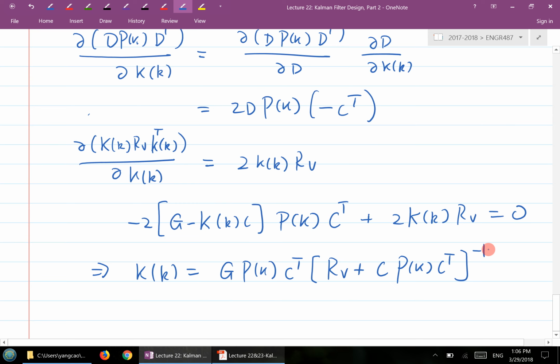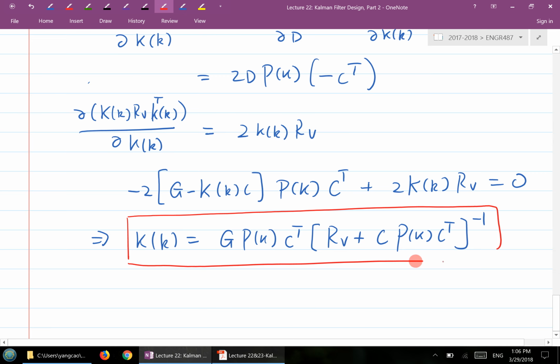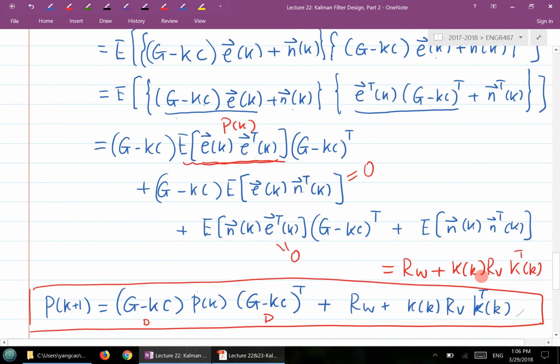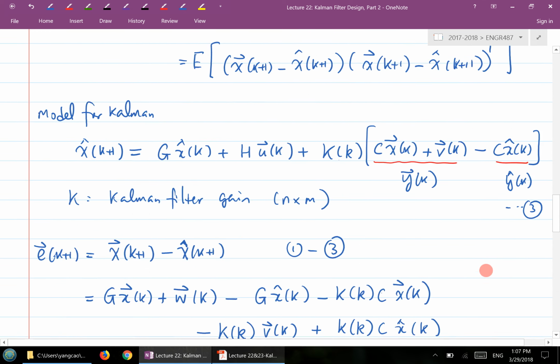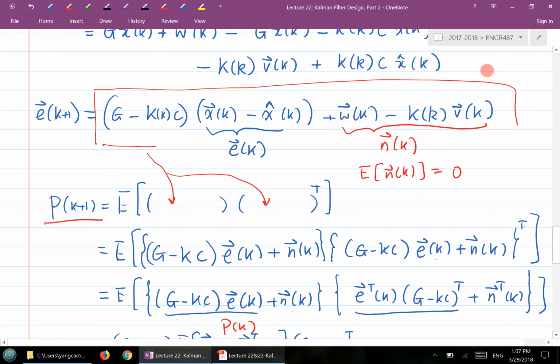Once you get this, this is your Kalman filter gain. This is the gain K in the Kalman filter model, and that's how you calculate the gain K here.